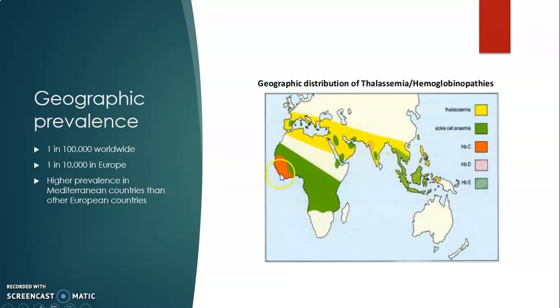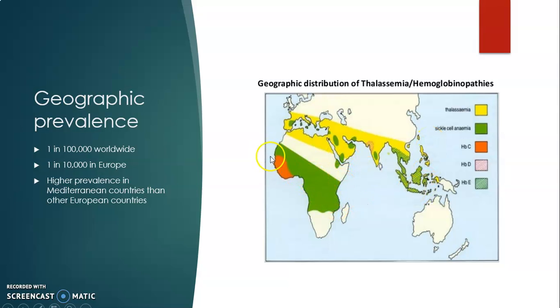The geographic distribution is mostly in Europe and the Mediterranean. It started off in the Middle East and then moved with those populations into Cyprus, Greece, and Italy. This picture is actually looking at different pathologies of the blood.